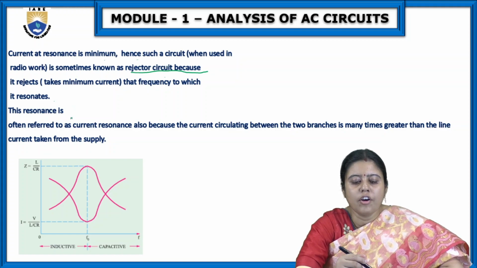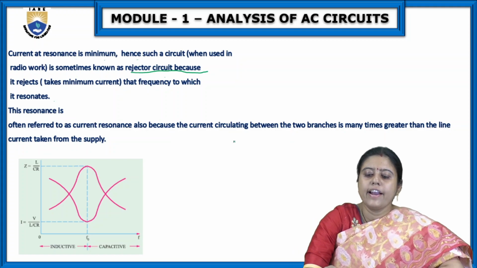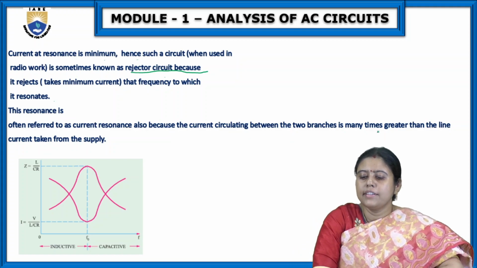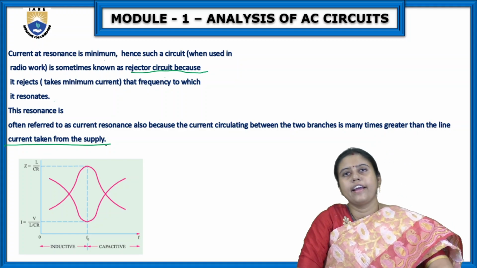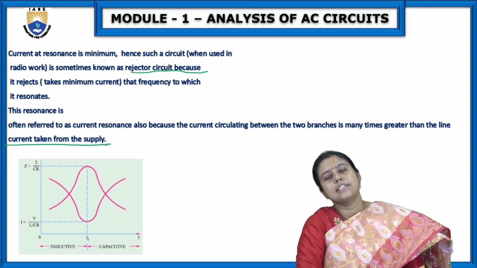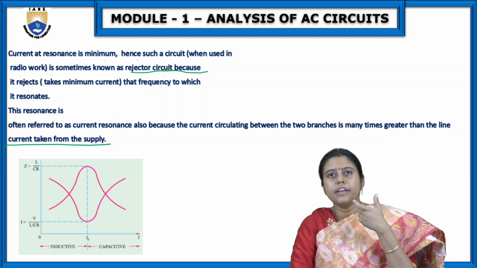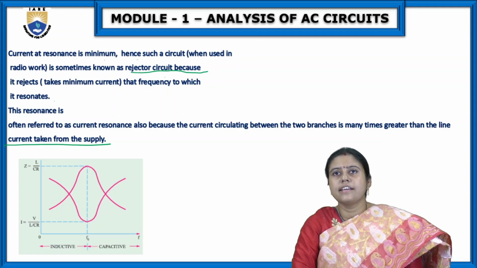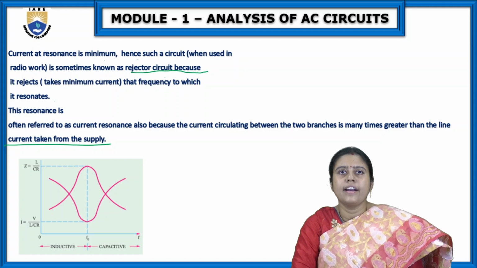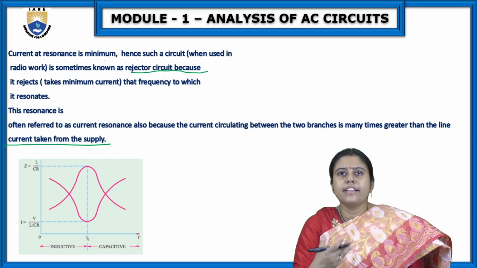The resonance is often referred to as current resonance because the current circulating between the two branches is many times greater than the line current taken from the supply. As this is a special case of the resonant circuit, the RL and C branches take more current, causing more current in the branch.